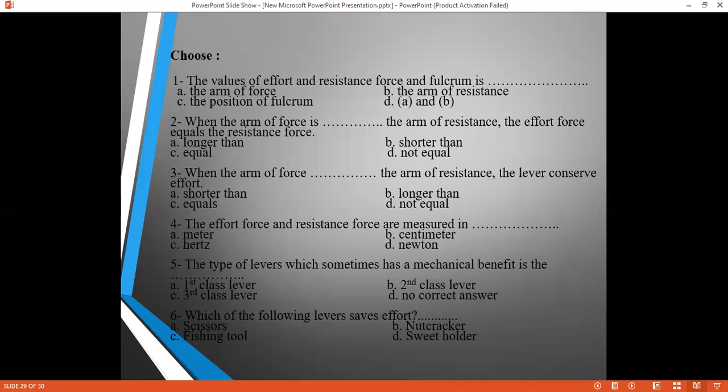Second class lever, that's right. Next question. Which of the following levers saves effort? What do you think? Nutcracker, sweet holder, scissors, or fishing tool? Logically, nutcracker. By using a small force, it can break the nut, so it saves effort. Super. Okay. That's all for today. Thank you for listening.